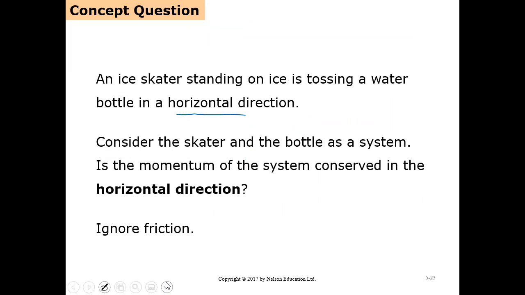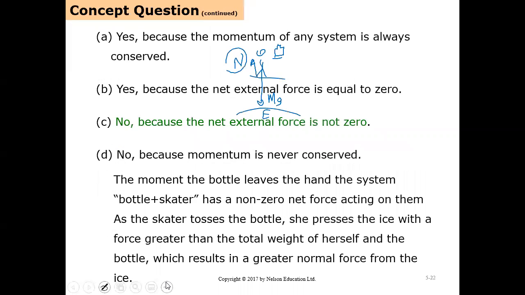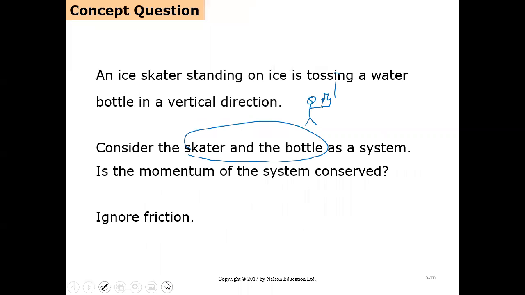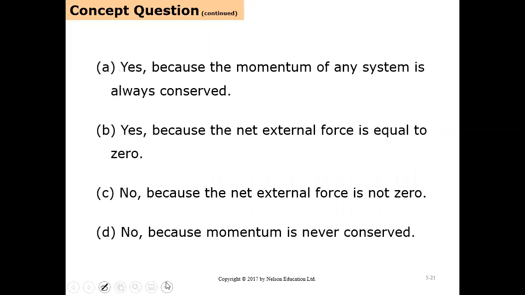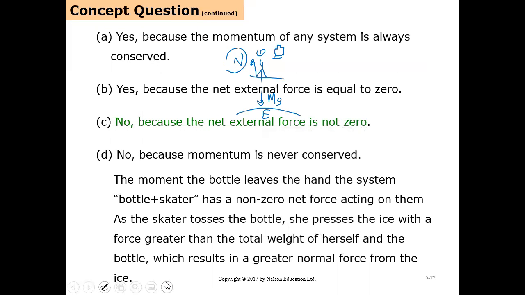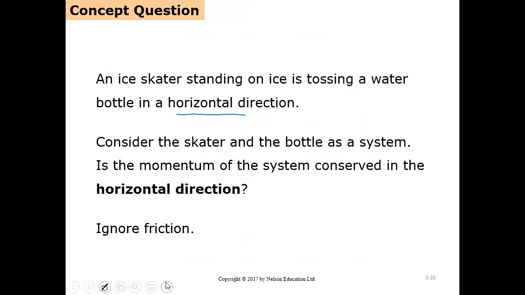In the previous case, it is not conserved, but probably it is conserved in the horizontal direction because we are ignoring friction. In the vertical direction it is not conserved, therefore in general it's not conserved. But this question is asking whether it is conserved in the horizontal direction.